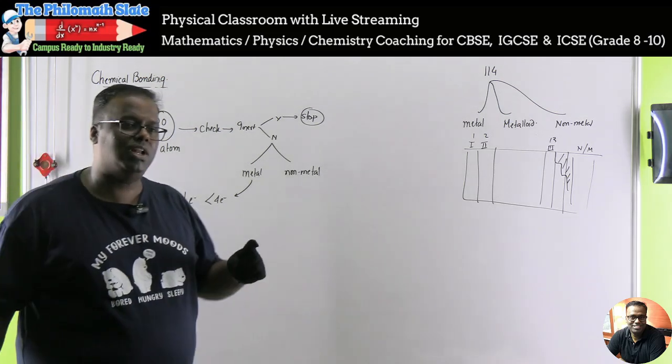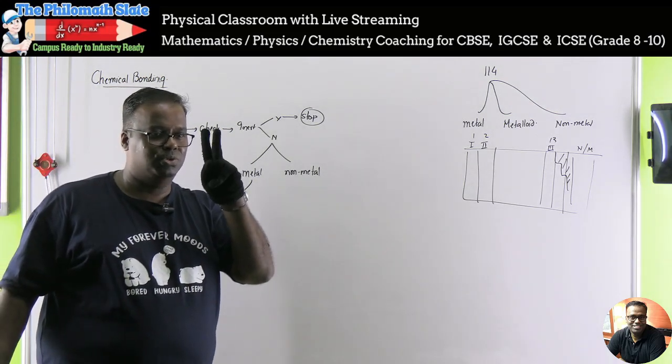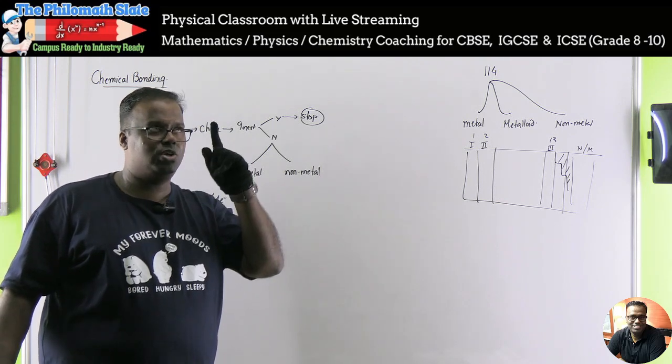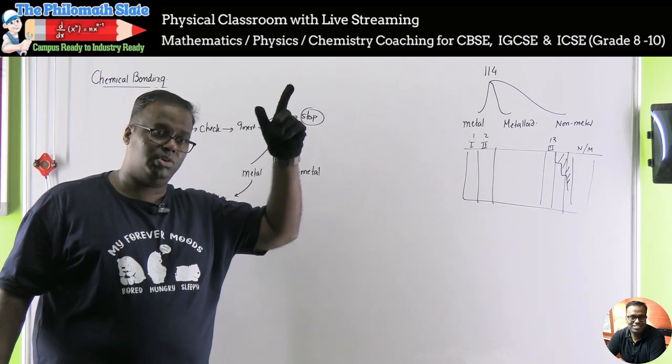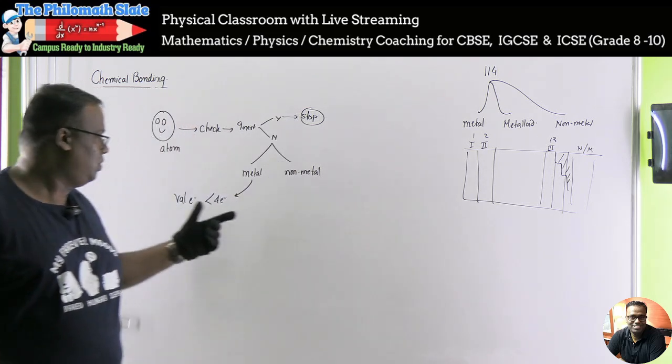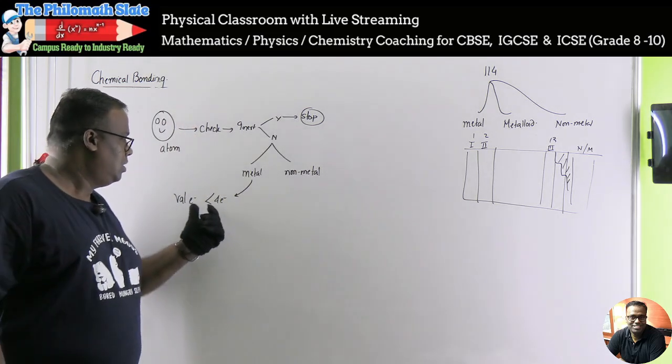Group 1, how many valence electrons? 1. Group 2, 2. Is that getting clear now? Sodium has 1 valence electron, 2,8,1. Magnesium 2,8,2. Aluminium 3, like that. So if you are actually a metal, you will have less than 4.